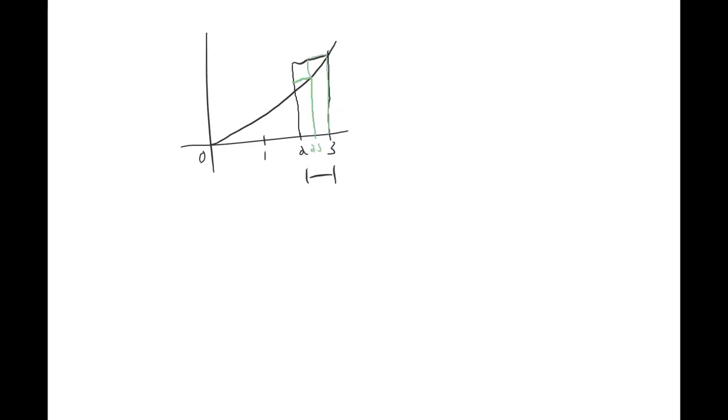Do you all see that the overestimate becomes smaller? Because if I use the 2 green ones, my overestimates are this, right? But if I use the black rectangle, the big one, I have the red part along with the blue part. Do you all see that?